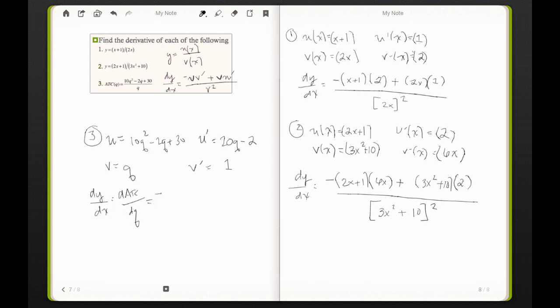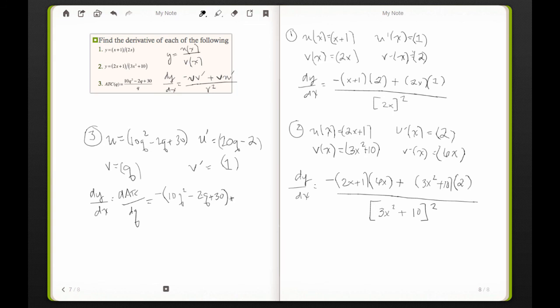So we can write this out as negative, let me do my parentheses here, this whole thing right here, 10q squared minus 2q plus 30. I'm going to run out of room here. So it's this times v prime, which is 1. I'm not even going to put it in.